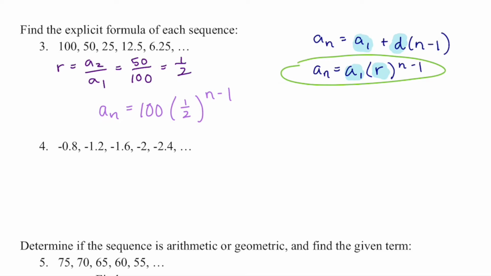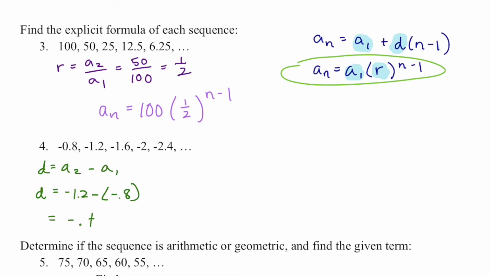Okay, so looking here, my common difference is always going to be A2 minus A1. That'll be negative 1.2 minus a negative 0.8. That's going to be negative 1.2 plus 0.8, which is negative 0.4.